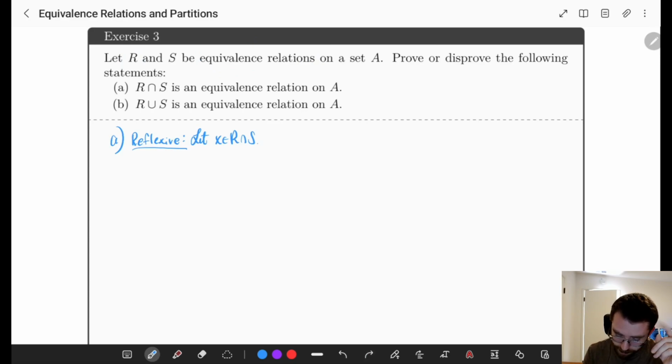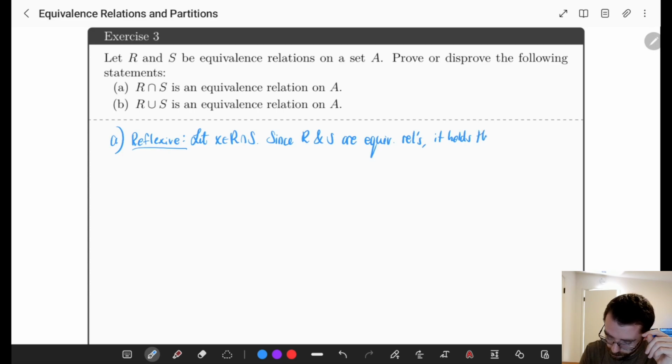So at least it's true. Let me write this down. Since R and S are equivalence relations, it holds that x is related to itself by R, and x is related to itself by S.